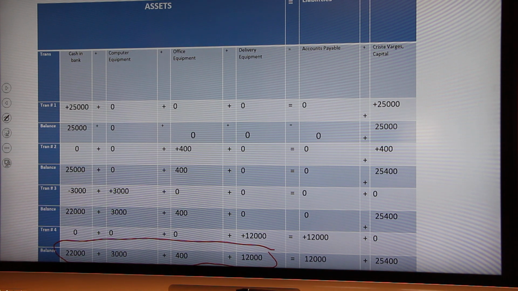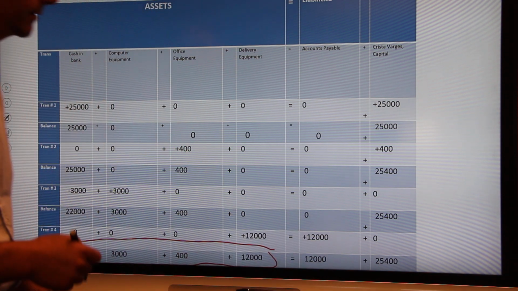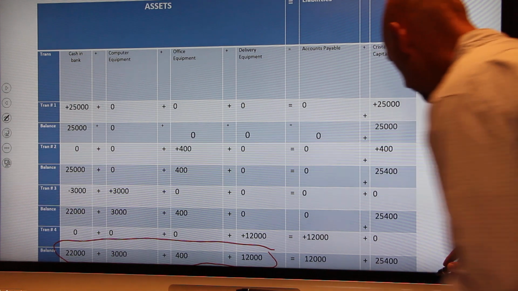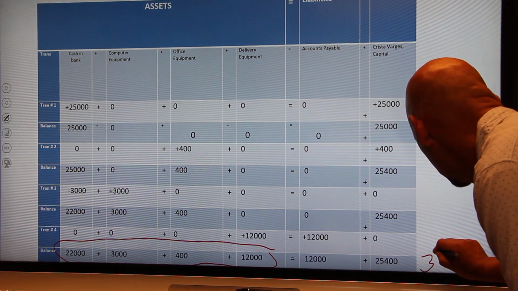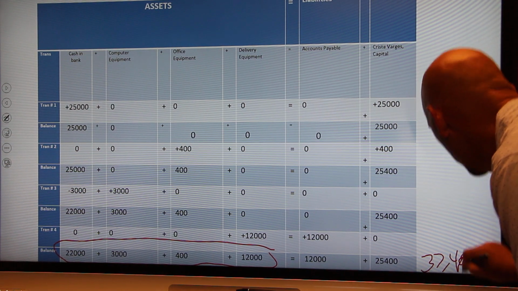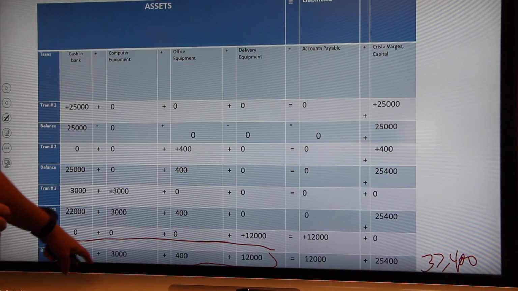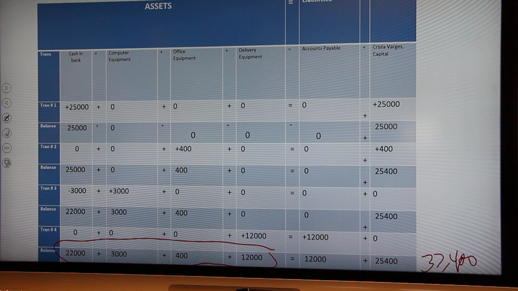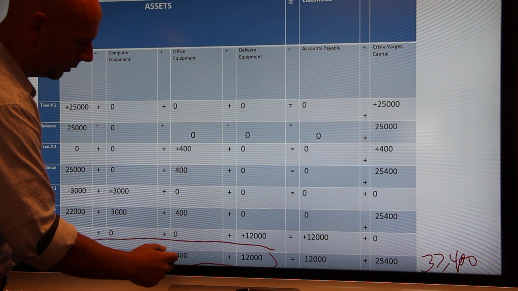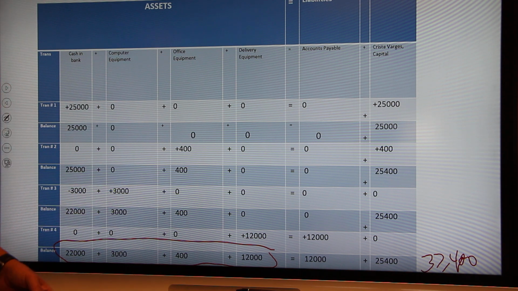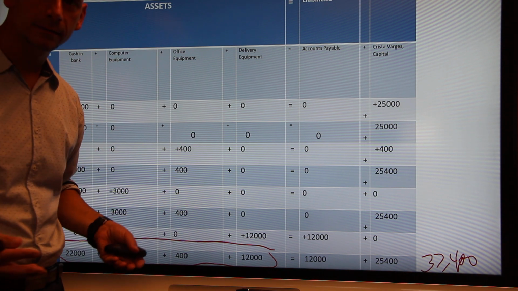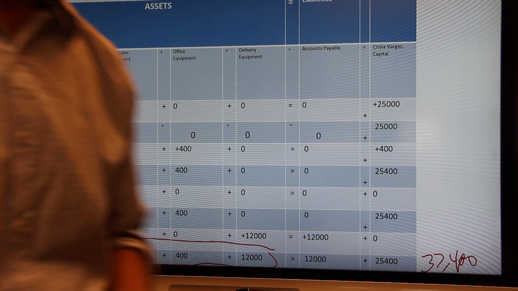We should end up with $37,400 on this side of the equation, and then we get $37,400 when we add up all of our assets, okay? So all of our assets add up equal to the same thing. We're in balance. All right?